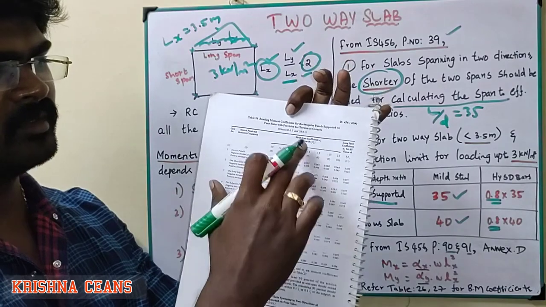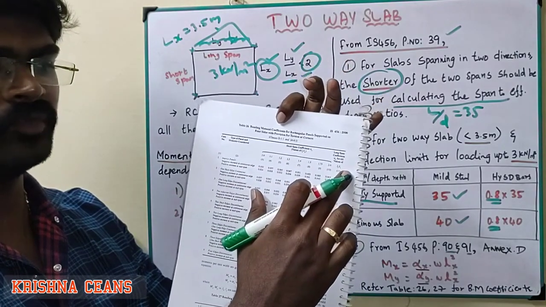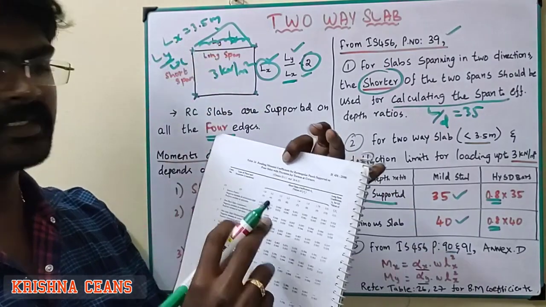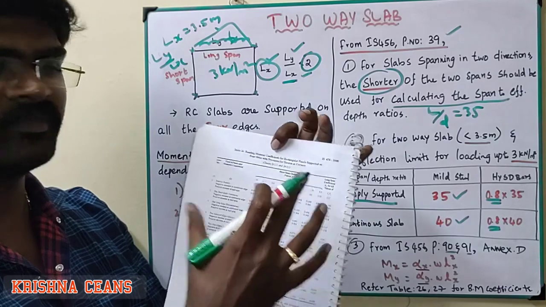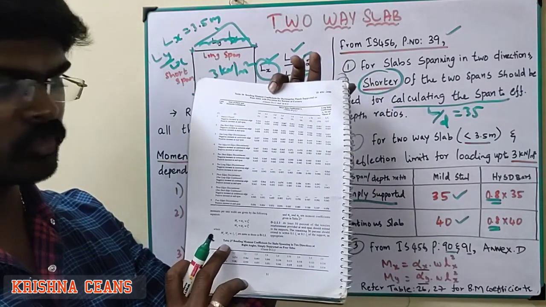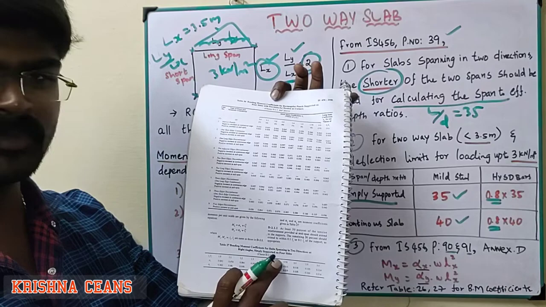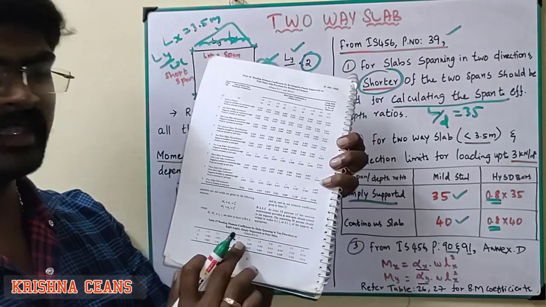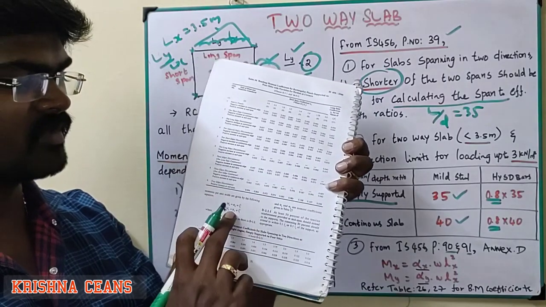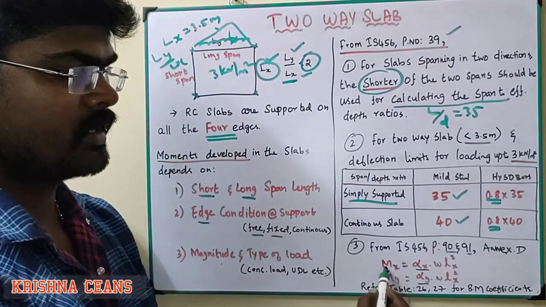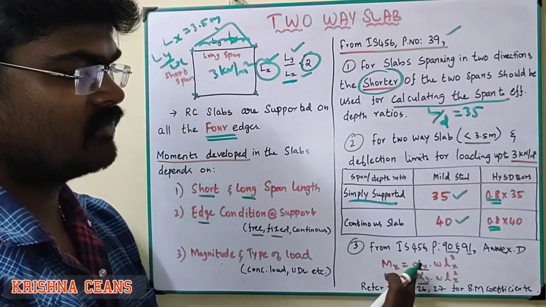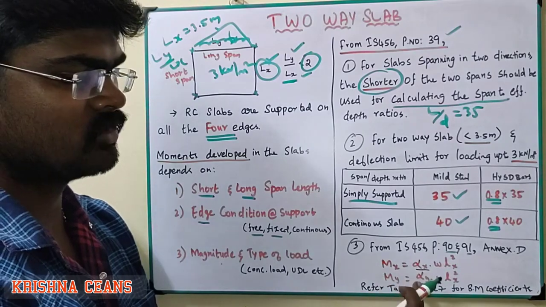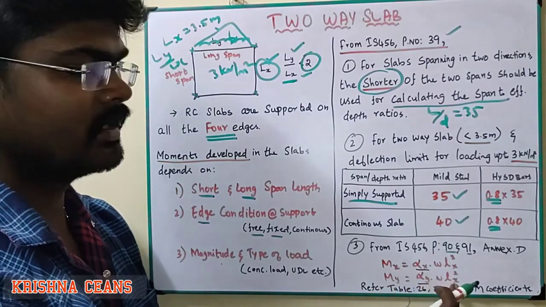This table has alpha x and alpha y values, which depend on Ly by Lx. Then we have to refer to the table. Table number 27 is provided for the right angle simply supported four sides of slab. In case you are going for simply supported slabs, the moment about the x axis, Mx, is alpha x into W into Lx square, whereas the moment about the y axis, My, is alpha y into W into Lx square.